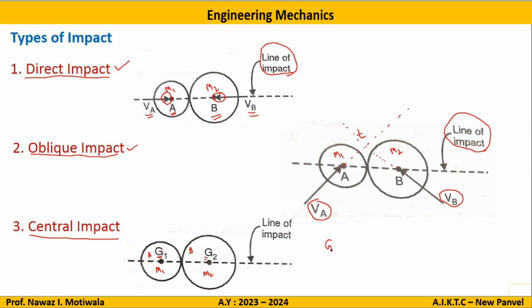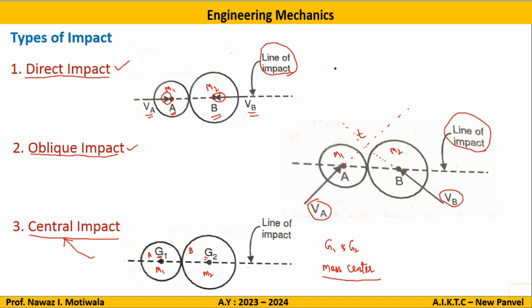These G1 and G2 are the mass centers of the bodies, or we can say points where the mass is supposed to be concentrated. If these two bodies collide and their mass centers are on the line of impact, then this type of impact is known as central impact.